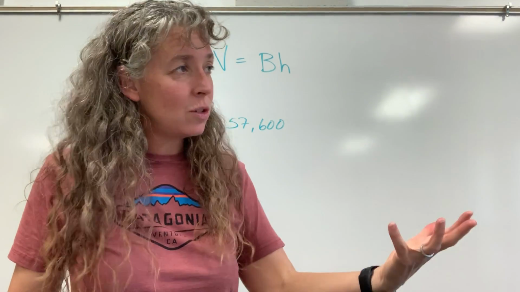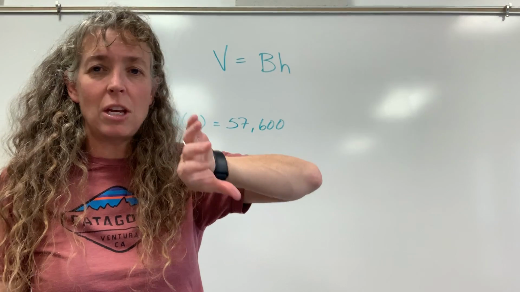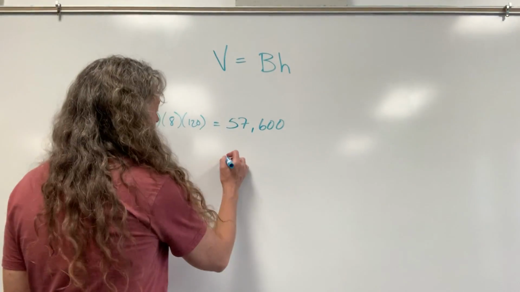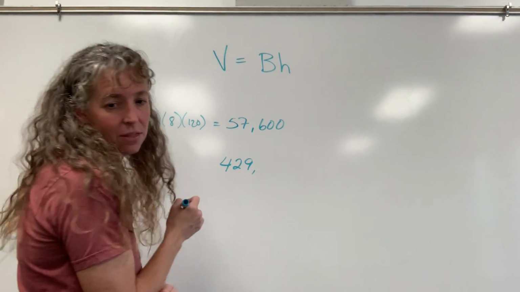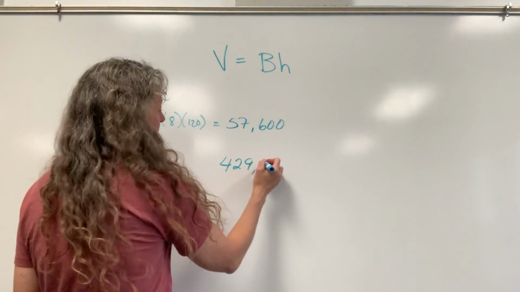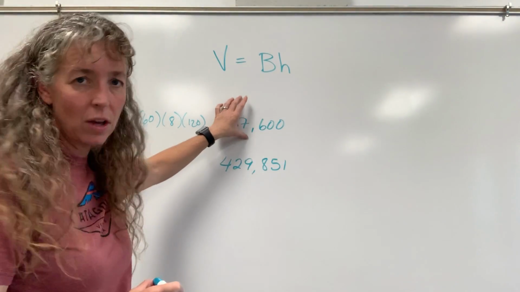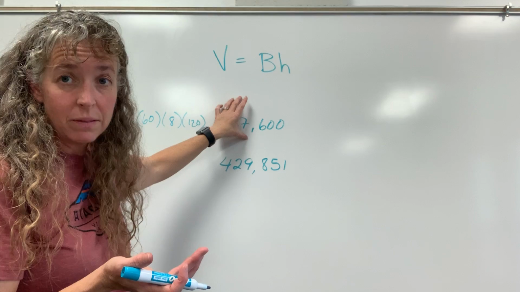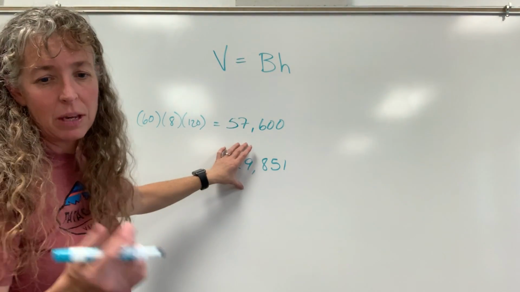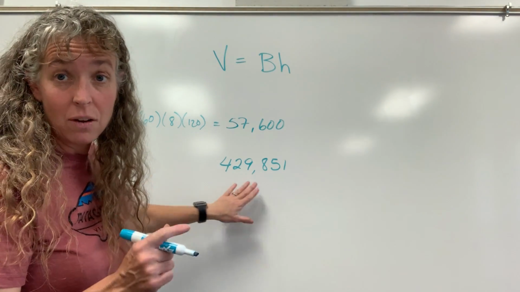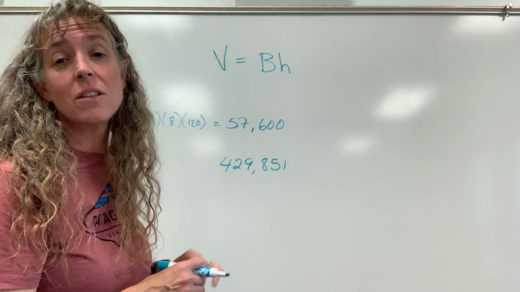We have how many cubic feet we have. We're going to divide it by how many cubic feet per gallon, and they're going to give that to us as 429,851 gallons. So we went from volume in feet cubed, we turned it into gallons by using the conversion rate that they gave us. This is now in gallons. Now, the question asks for what is the weight.